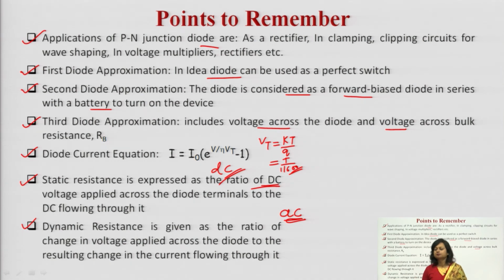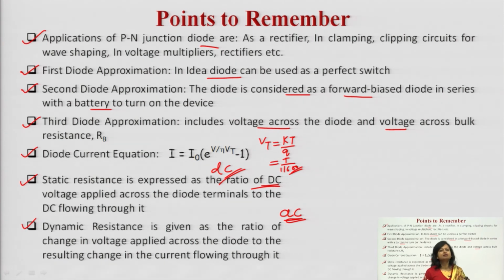DC resistance, right. And besides that, we have discussed the VI characteristic of a practical diode and the VI characteristic of an ideal diode. So, wherever you have to draw the VI characteristic, you have to analyze how the diode behaves, how it conducts, how it works in a forward bias condition, what is its behavior in a reverse bias condition.